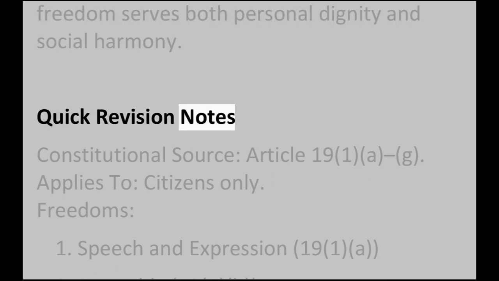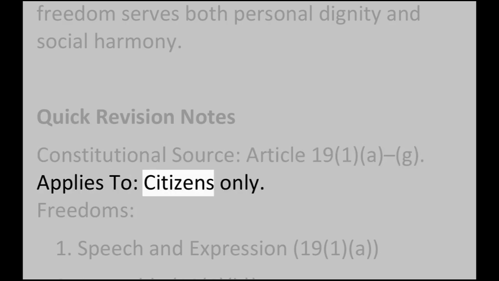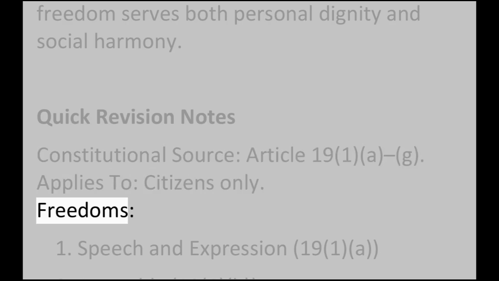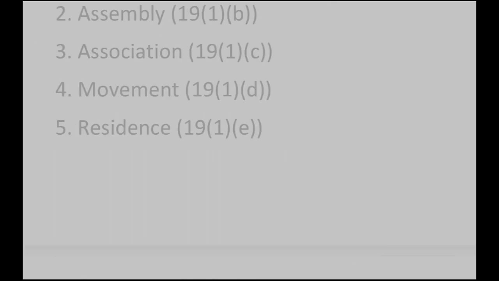Quick revision notes. Constitutional source, Article 19(1)(a)-(g). Applies to citizens only. Freedoms: 1. Speech and expression, 19(1)(a). 2. Assembly, 19(1)(b). 3. Association, 19(1)(c). 4.